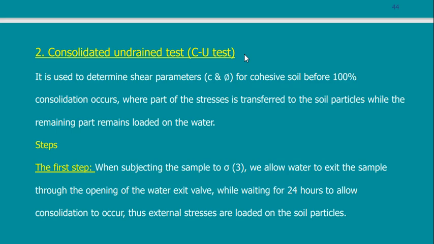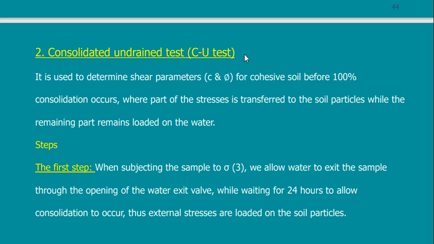Then when I start to put my sigma 1, which is the stress coming from the piston, I don't allow water to leave. This happens where? Suppose I have soil that is preloaded. There was a building on this land, and I demolished this building. So the soil below is consolidated. Why?